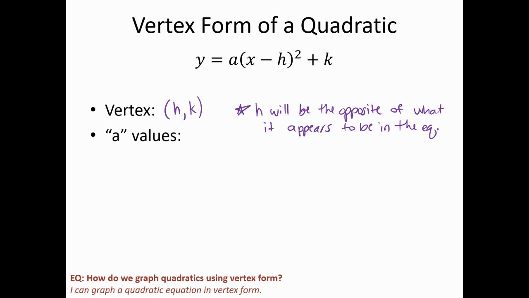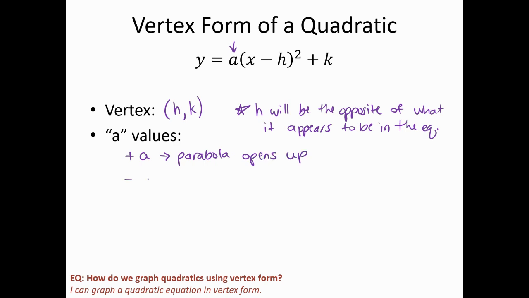Then we also have a values. The a value, that number in front of your parenthesis, tells you something about the graph. If a is positive, then the parabola, that U-shaped graph we saw a moment ago, opens up.